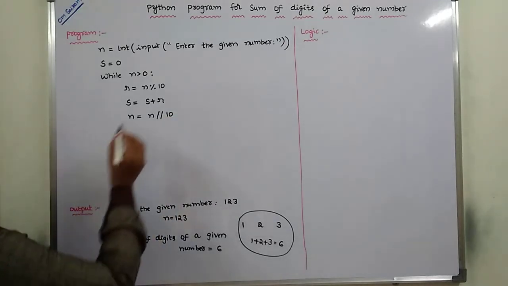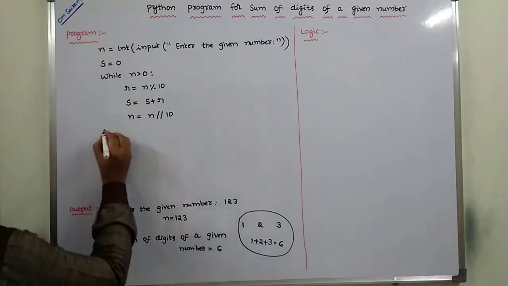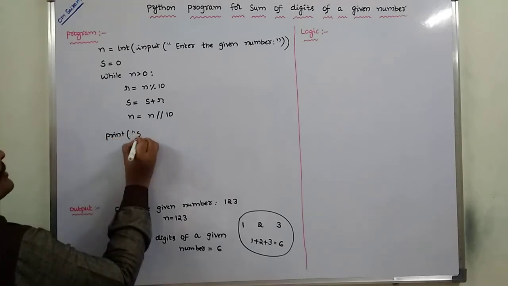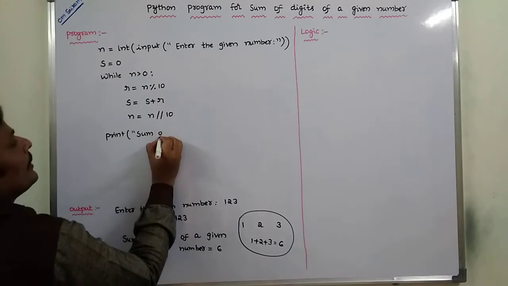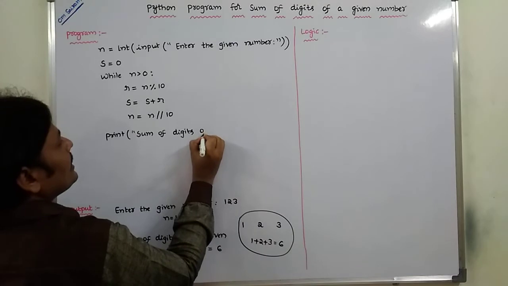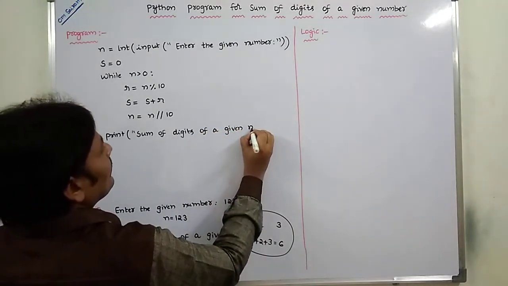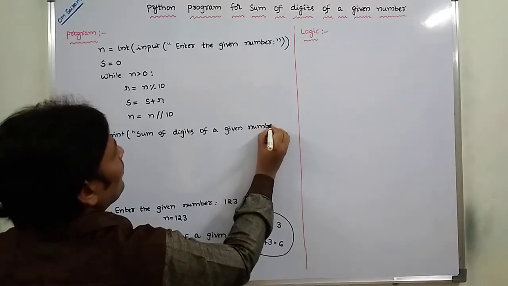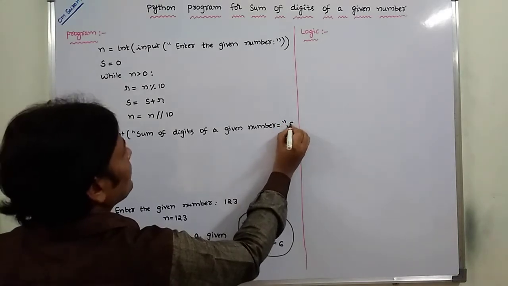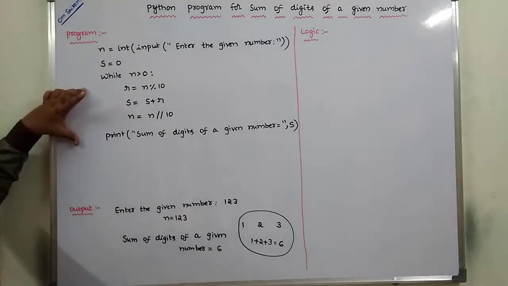So these are the 3 statements in the body of the while loop. Next, print sum of digits of a given number is equal to, comma s. The result is stored in the variable s. So this is our program.